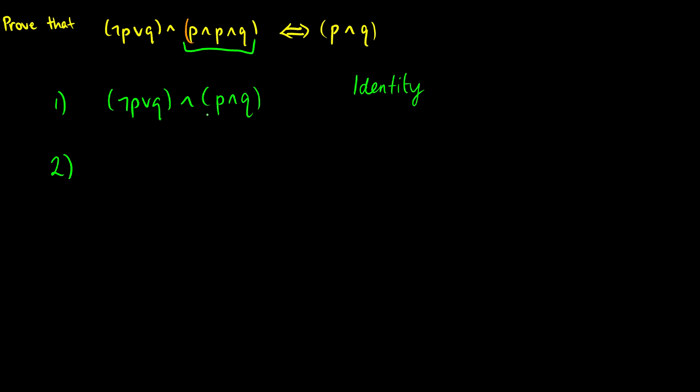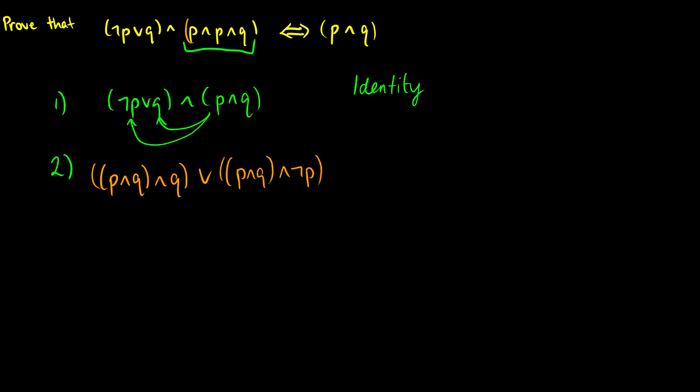We can distribute P and Q into Q, and we can distribute P and Q into not P. So we have P and Q and Q, or P and Q and not P. Okay, so that was the distribution rule.